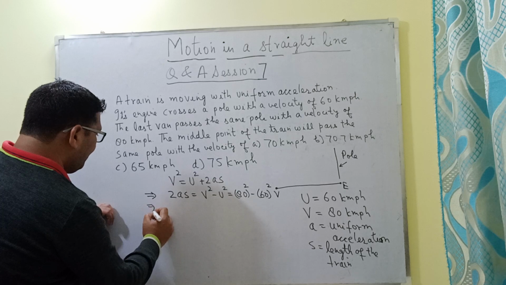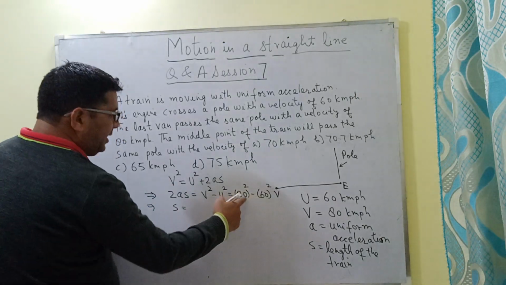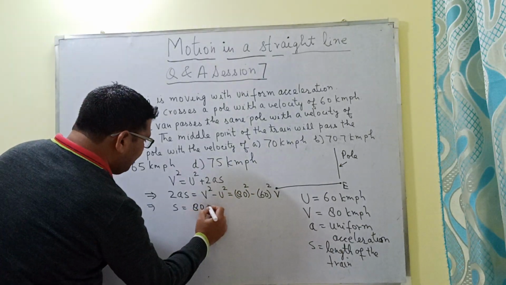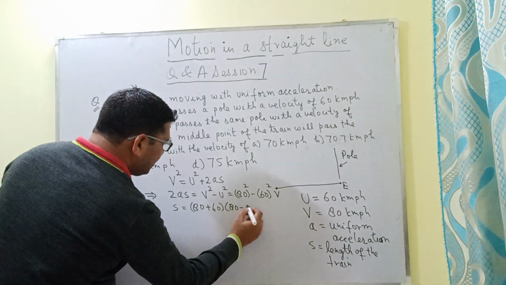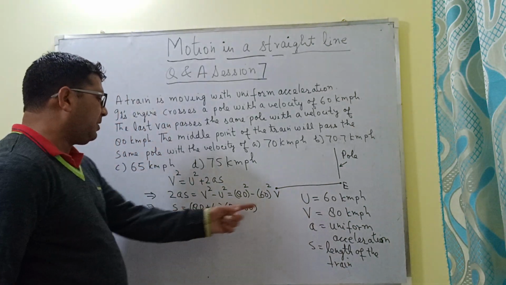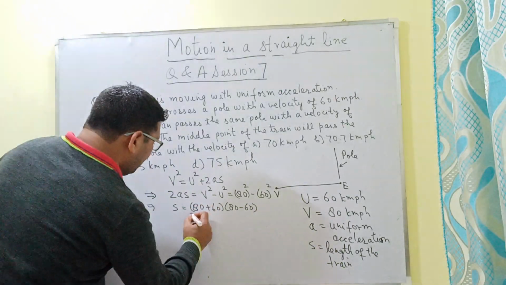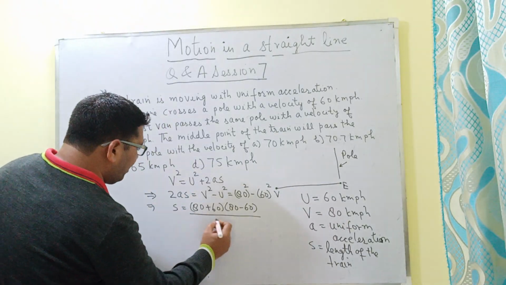So it implies that s is equal to 80 square minus 60 square, which equals 80 plus 60 into 80 minus 60, since a square minus b square is equal to a minus b into a plus b, divided by 2a.